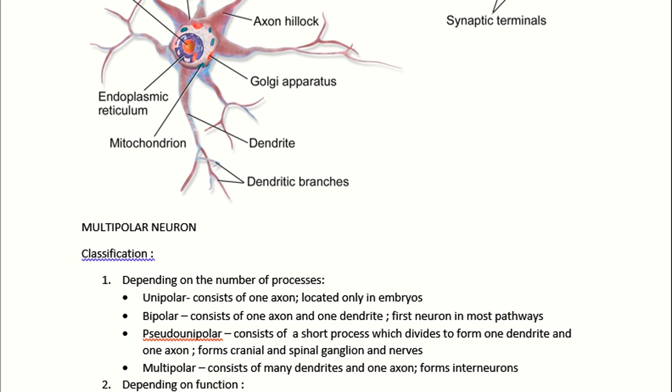This one forms a network or a link between sensory and motor, and the mixed one acts as both sensory and motor neuron, basically.